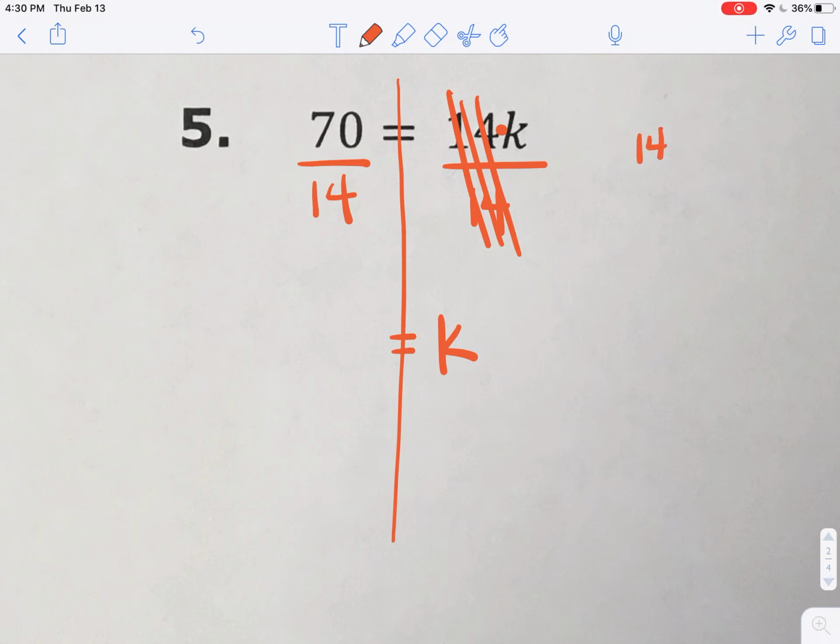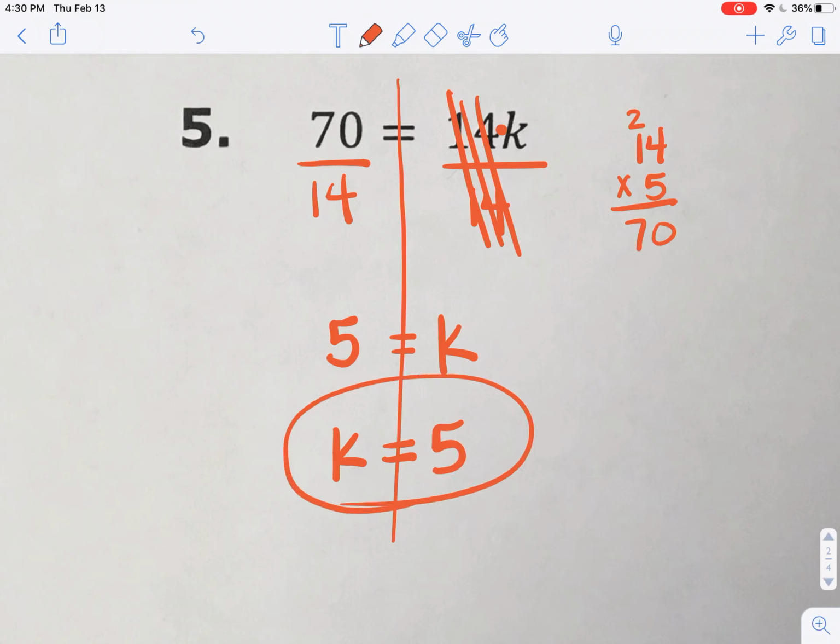Let's guess. Do you think 5 times? Let's see. 4 times 5 is 20. And that works out really well. So 70 divided by 14 is going to be 5. Do we like our variable on the other side? Not really. It's not ideal. So we're going to flip it around, and there's our final answer. K equals 5. Remember, you want to put the variable there. You don't just want to say, my answer is 5. You want to say K equals 5.